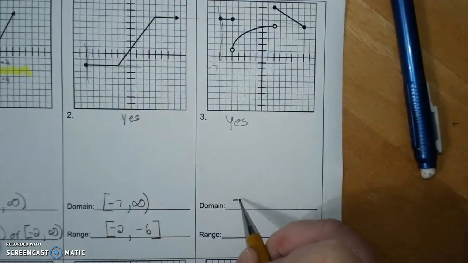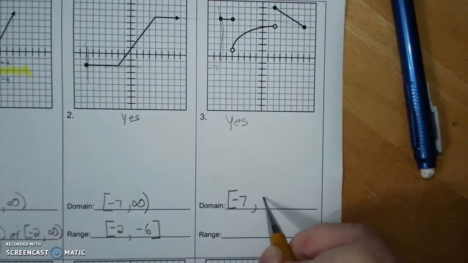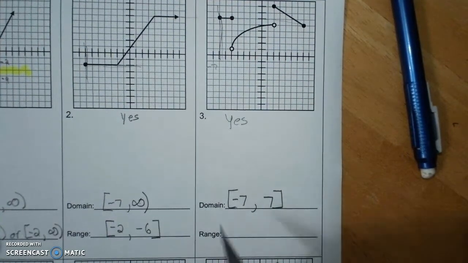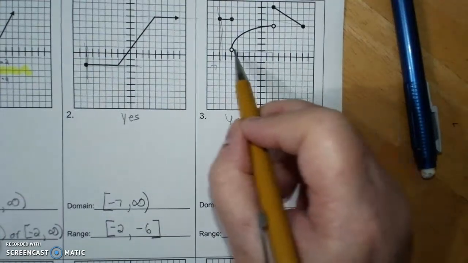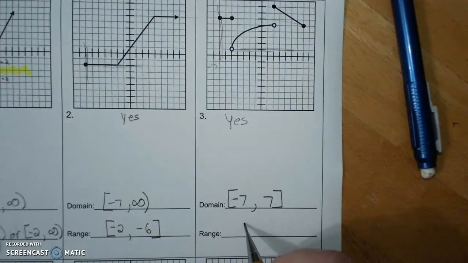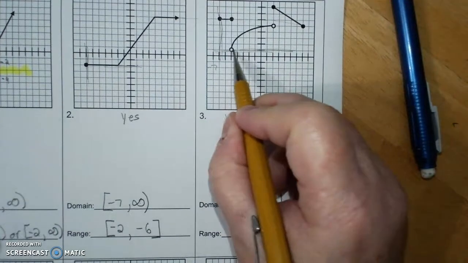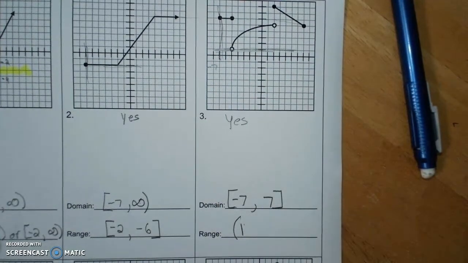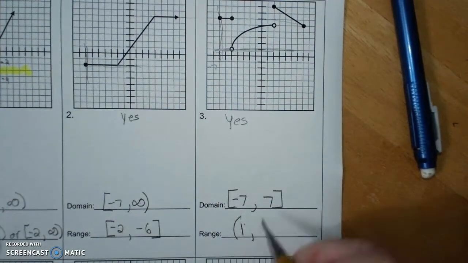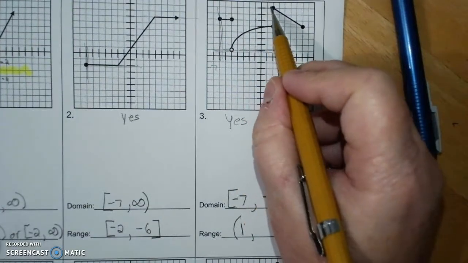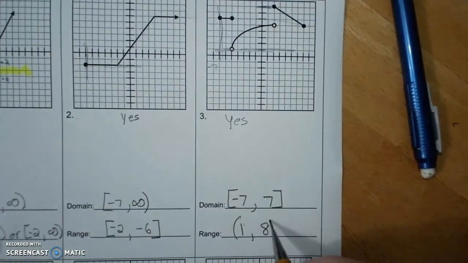There are no gaps, so it's from -7 to 7. And the vertical is from 1. It's an open dot, so it is a parenthesis, and it goes as high as 8, and 8 is a closed dot, so it is a bracket.